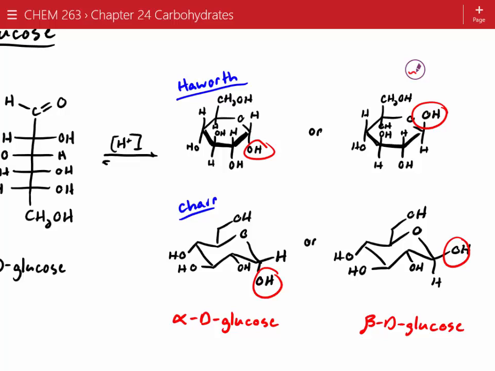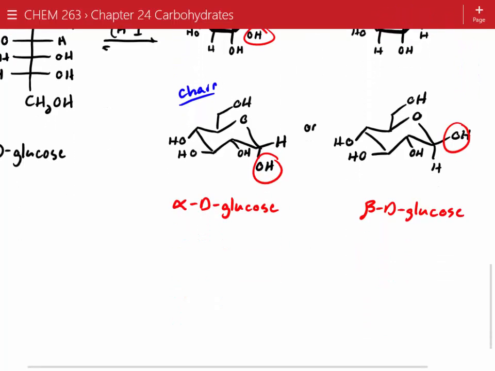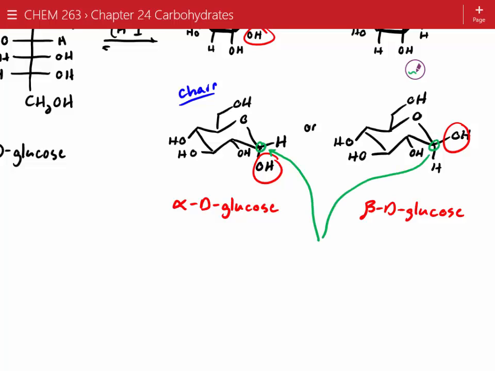And we also have a new term that I want you guys to know because I'll be referring to it. If we look at this carbon here, this is a carbon where the stereocenters differ. And what we call this is the anomeric carbon.